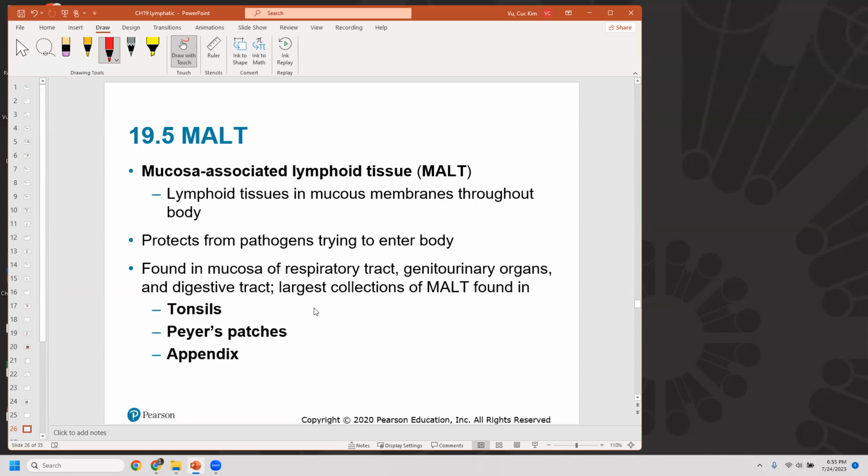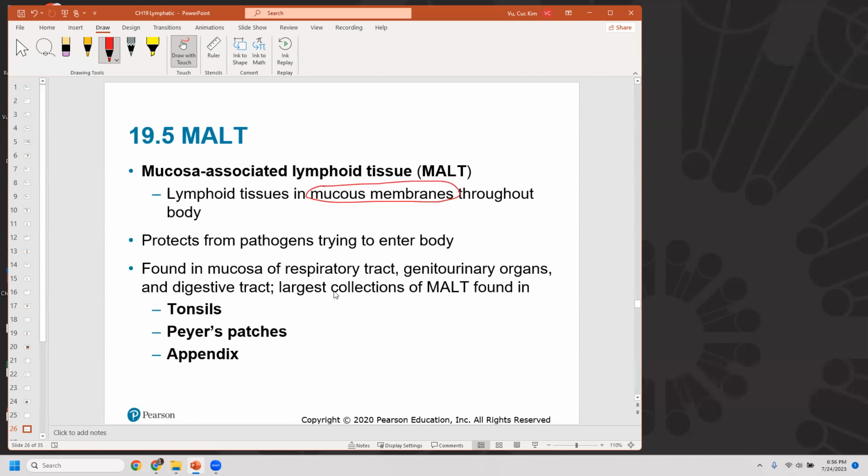We finally start to see the connection between these lymphatic tissues and the function in which it has the immunity to it. Okay. So the MALT essentially is lymphatic tissue in mucous membranes, and that's the key thing, that you'll find these in mucous membranes.